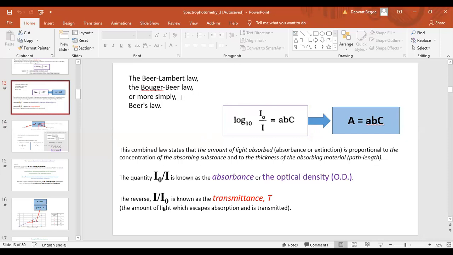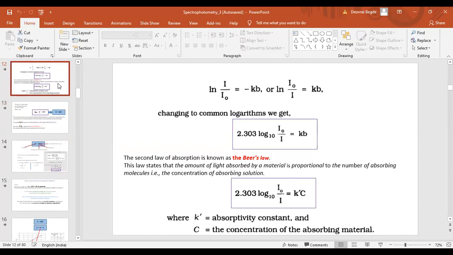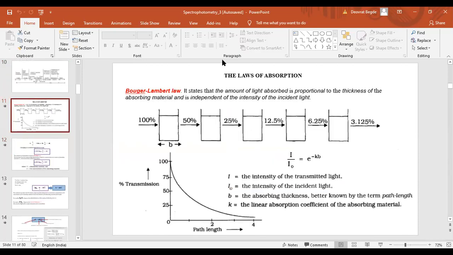Yes, sir. Okay. So we actually discussed the laws of absorption, and how absorption grew from making everybody understand that the amount of light absorbed by the absorbing material is proportional to the thickness of the absorbing material, as we have seen in this slide.